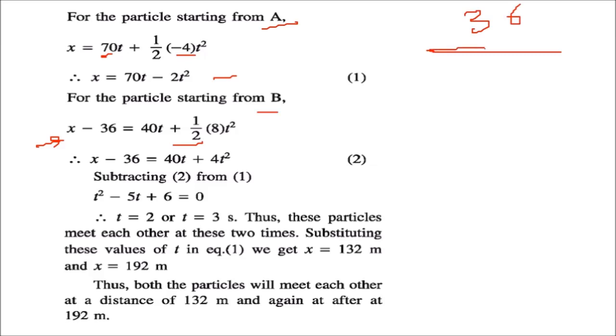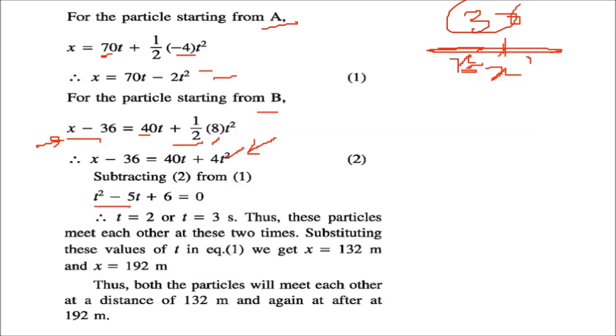If the total distance is x, then the other will be x minus 36, because it might have reached here. Again, this is the velocity and this is the acceleration. We get another equation. Let us solve these two, or you can just subtract these two.